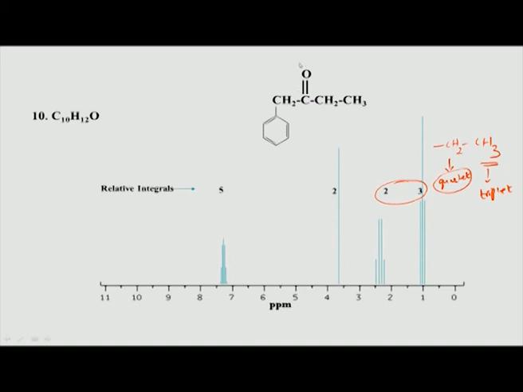So, based on this consideration, we can say that this CH2 is attached to a CO, based on the chemical shift, and this side is basically this. So, this is the molecule which we can see. Now, one thing is, if we had a carbon spectrum with us, we would have looked at the carbonyl peak in the NMR spectrum, and that gives you a very nice peak at around 170 to 200 ppm, depending on the functional group.